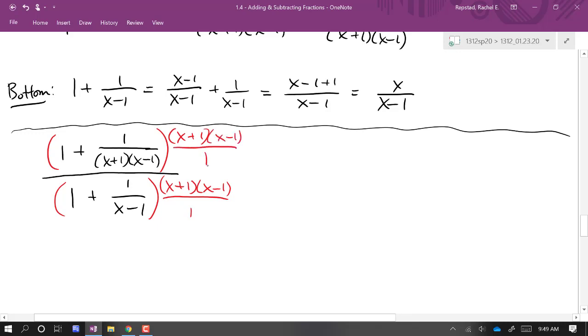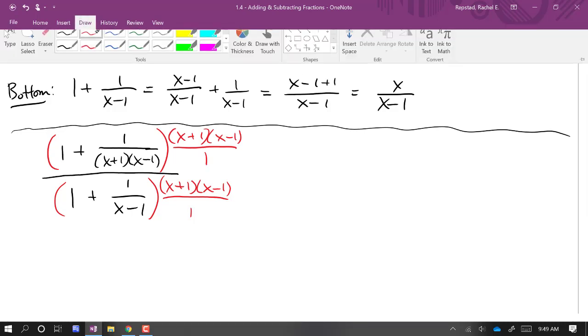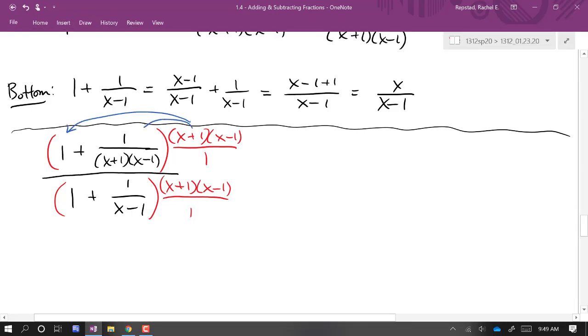And that's the same as just multiplying each term by that LCD, because what we're going to do now is distribute through the parentheses, each of these. So when we distribute that, if we just focus on the top first, I'm just going to get x plus 1 times x minus 1, because I'm multiplying it by 1. When we distribute it to the second fraction, these are going to cancel, and we just get 1. So we have x plus 1 times x minus 1 plus 1 over.